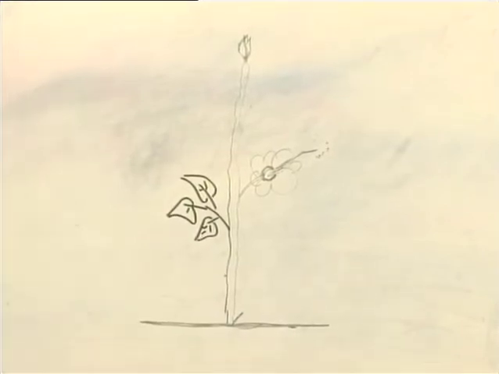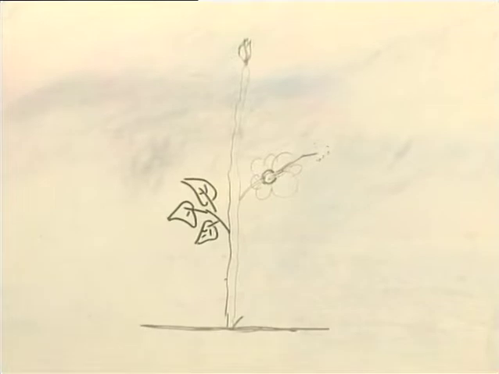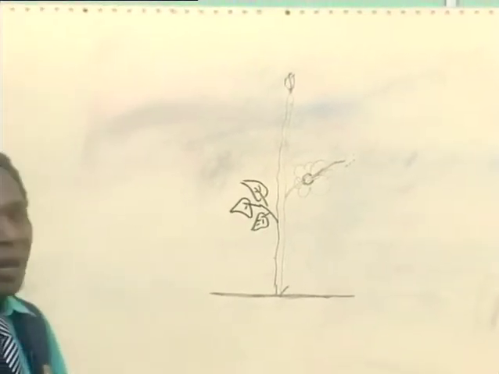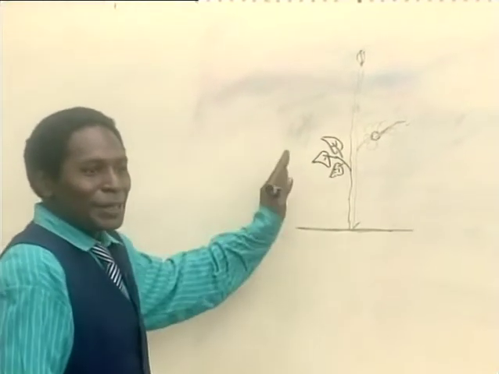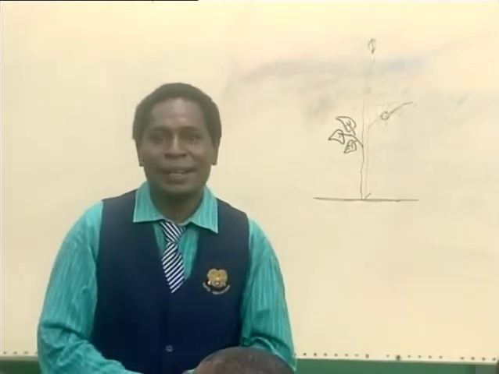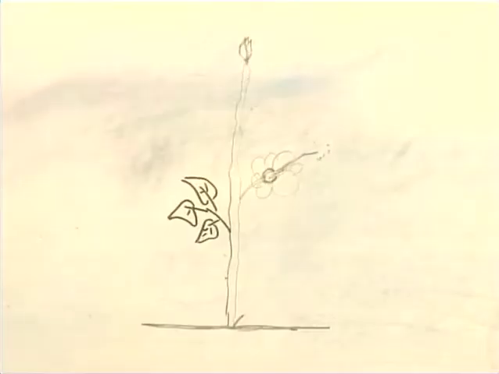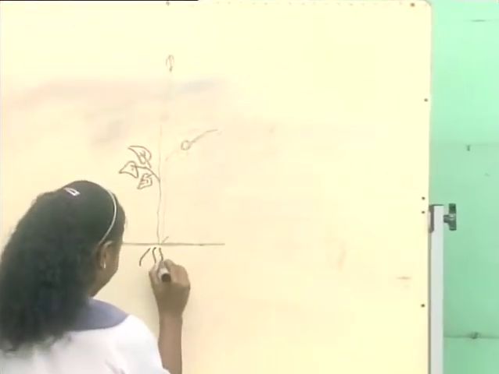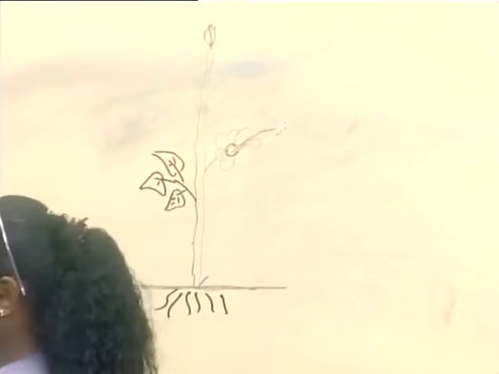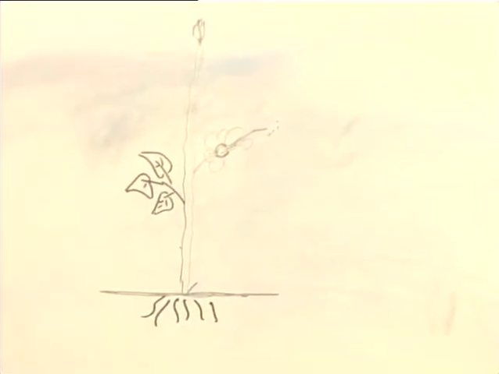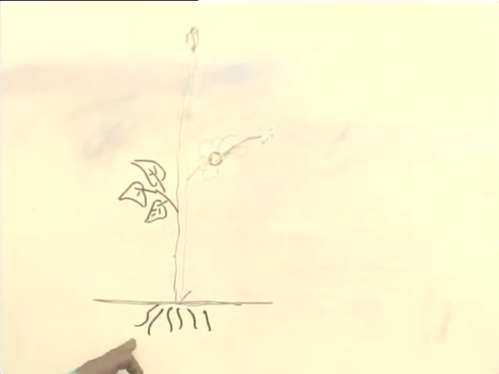Okay, you find leaves there. Now, what else can we find on this plant? Okay, Samantha. Samantha will draw what we find on the plants there. Right, very good. This plant also has a root.